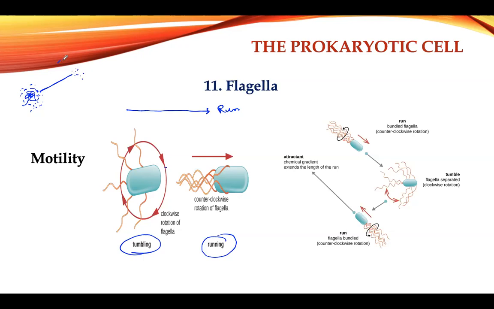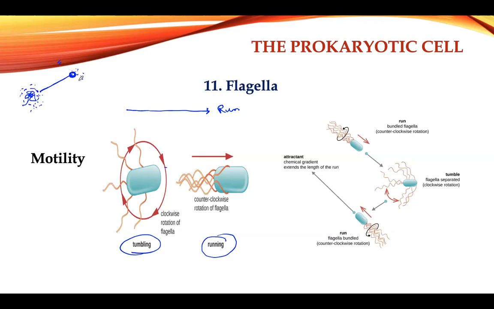Okay, so if they want to come here, at this position they will start rotating by tumbling. Now, how can they change their movement? At this moment, they rotate their flagella clockwise. Okay, so suddenly they change the movement of the flagella.